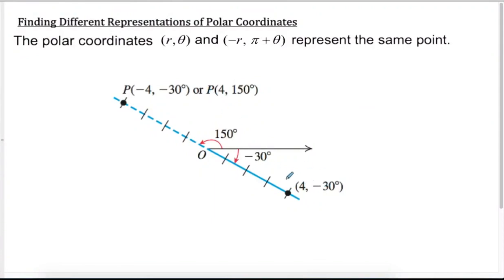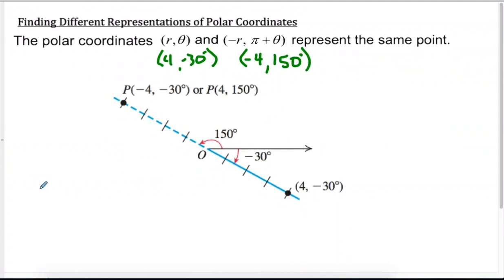For example, if we take this original point (4, -30 degrees) and I flip the sign on r and make this -4, I could just add 180 degrees, or pi, and I would be at the same spot. So I can say that (4, -30) is the exact same point as (-4, 150 degrees).